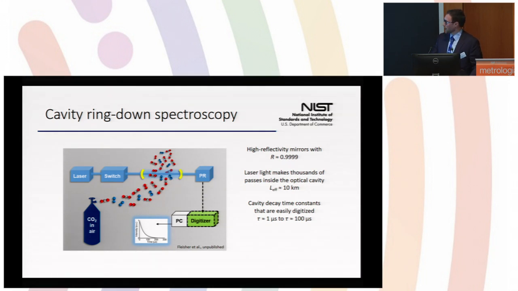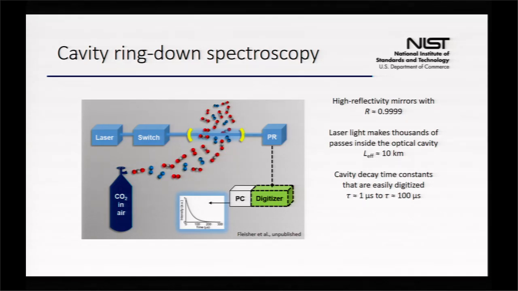So you see in this slide in the middle we have 2 gold mirrors which represent our highly reflective mirrors in our optical cavity. What the optical cavity allows us to have is an absorption interaction path length of approximately 10 kilometers on the bench top in about a 1 meter by 1 meter space. So we're talking about really high sensitivity, really high signal to noise.